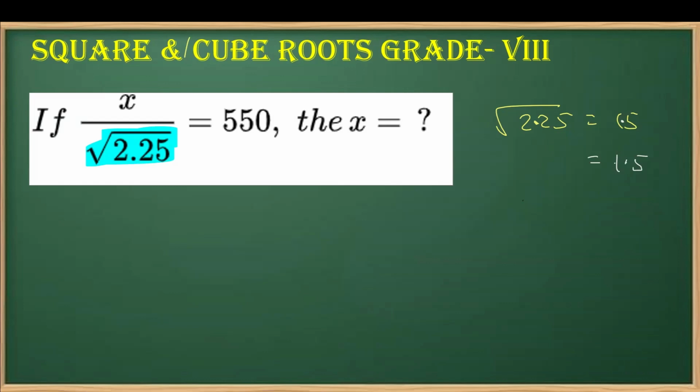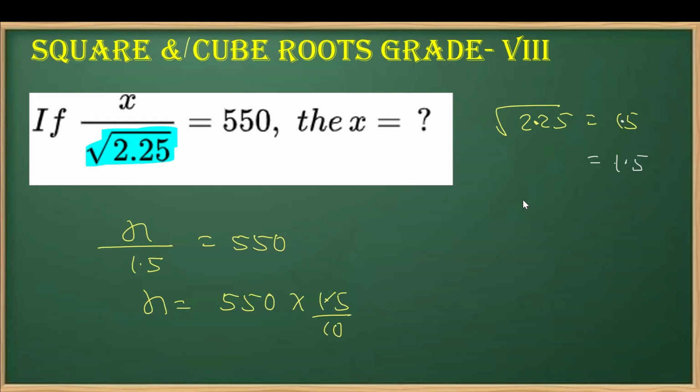So in the next go, writing x as x and replacing this under root 2.25 with 1.5, which is equal to 550. Next, in order to get x, I'm going to transpose this 1.5 to the other side. I can remove this decimal to write 10, this gets cancelled.